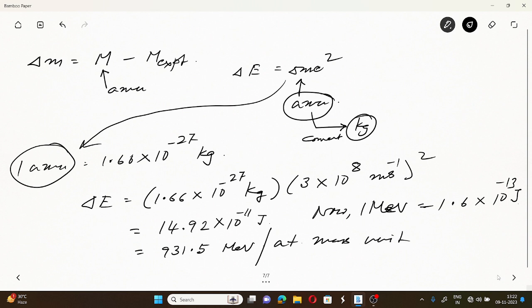So this amount of energy will be required. This is the binding energy per atomic mass unit. Okay, so this amount of energy will be required to bind the protons and neutrons together within the nucleus.